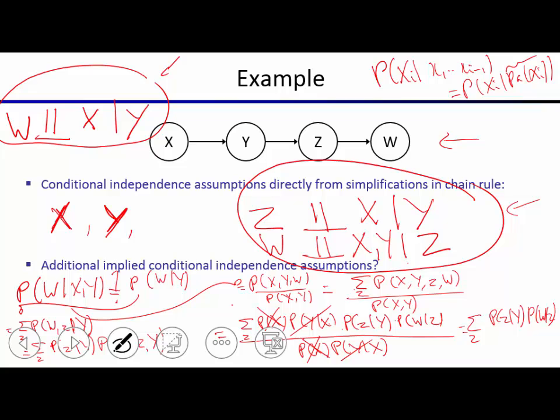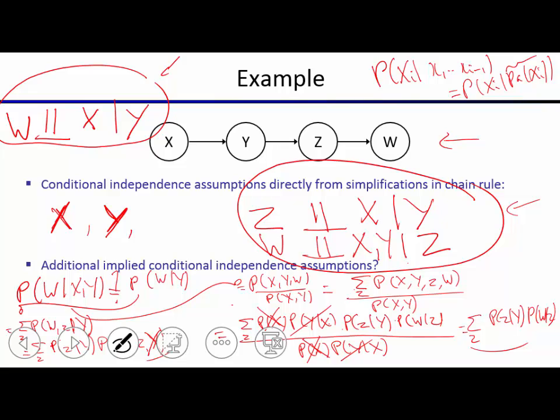Now looking at the Bayes net, we know that the probability for w given z and y is the same as the probability of w given just z. So we can actually get rid of the y over here. And now we see both of these expressions are matched up, and we have just shown that indeed W is independent of X given Y. Took a bit of work, but that's a proof that indeed what we intuitively thought was true is indeed true.